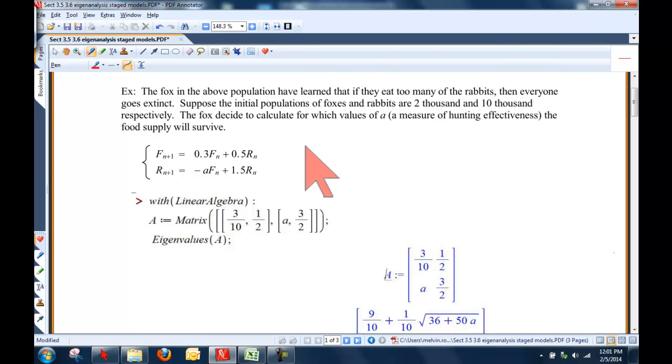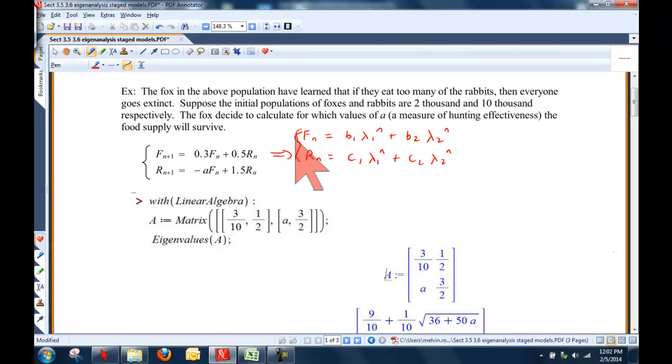Fox are smart. From the discussion last time, the fox know that the populations are going to be of this general form. F sub n is going to be some, say, b1 lambda 1 to the n plus b2 lambda 2 to the n, and the rabbit population is going to be some c1 lambda 1 to the n plus c2 lambda 2 to the n.